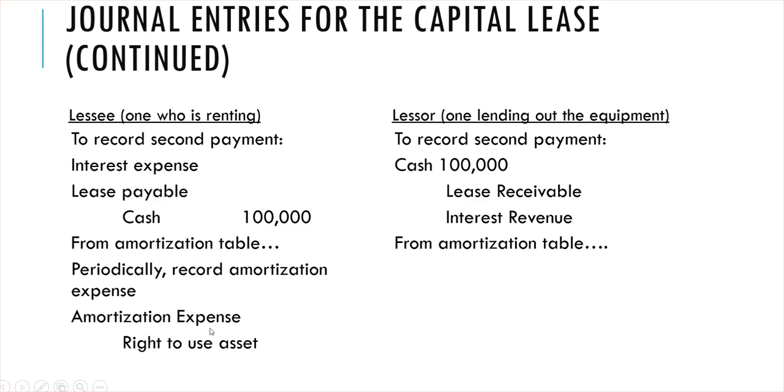Now, it is okay if you want to say accumulated amortization, right to use asset, and accumulate it that way. Or it's okay if you want to just credit the right to use asset to reduce its value. The point is we need to reduce the right to use asset.